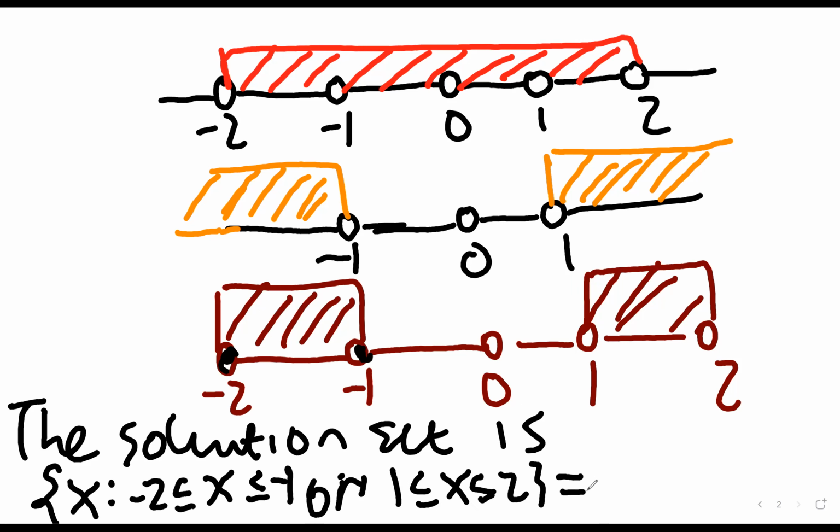I can rewrite this as the interval minus 2 comma minus 1 union with 1 comma 2. So that's the solution set.